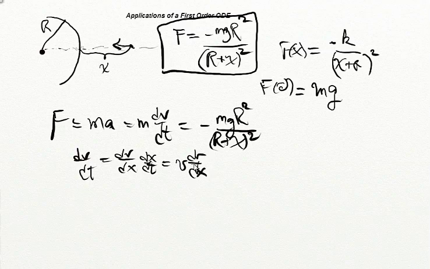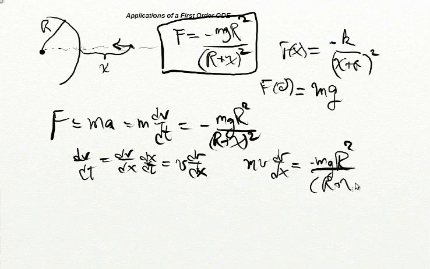And so we now get the equation that m v dv/dx is equal to minus mg r squared over (r plus x) squared. A nice first-order ordinary differential equation, which we note is separable.